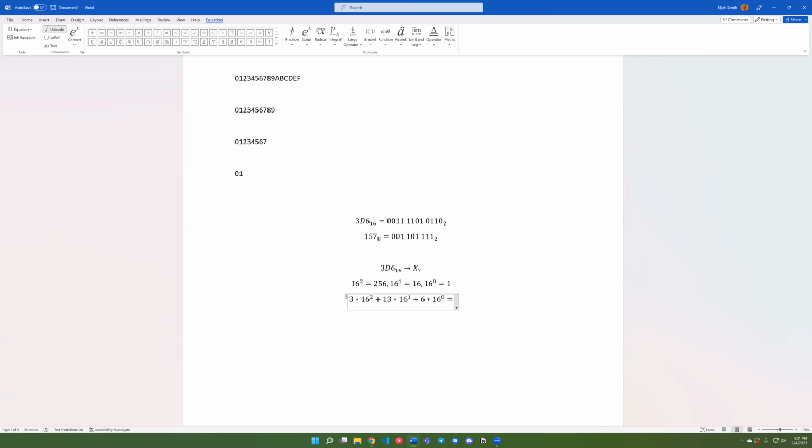And if we add this all together, this is 256 times 3, so that's 768, plus 13 times 16 would be 160 plus 48, so this would be 208, and then 6 times 16, 96. We can add all these together. This would be 1072.